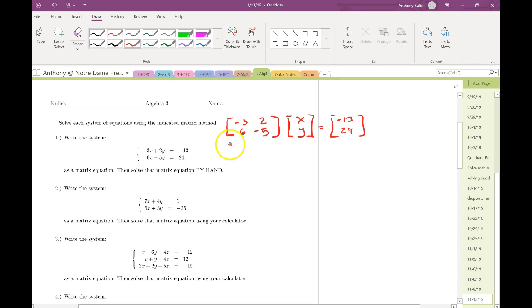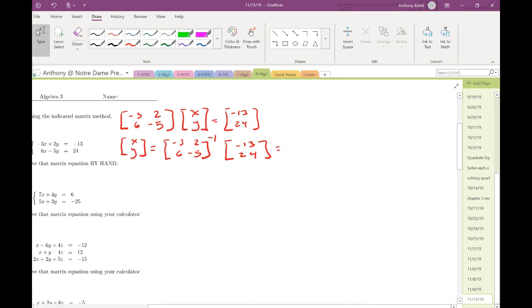And in the notes, we showed you guys that the solution to one of these matrix equations is always going to be the inverse of the coefficients matrix times the solutions matrix. So that's the part that I'm going to compute by hand. We know how to calculate an inverse of a 2 by 2.